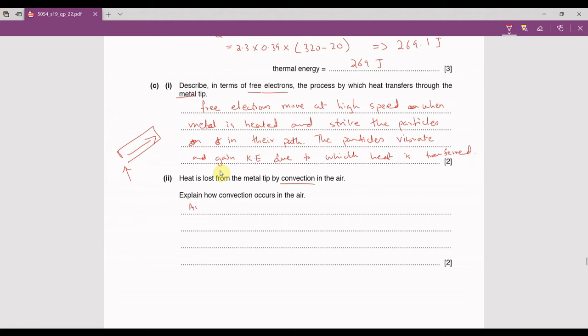So air around the metal expands when heated.